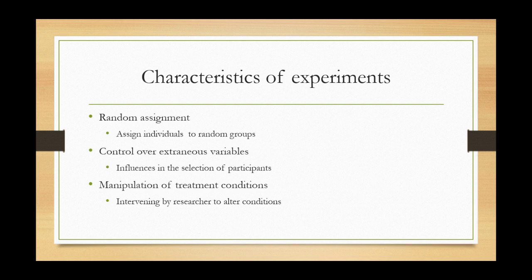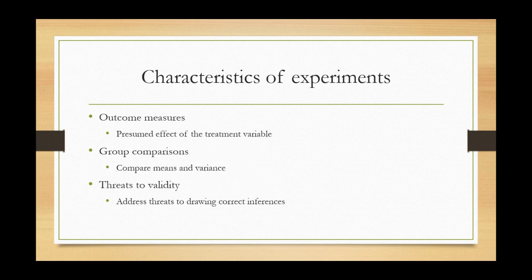In experiments, the outcome or the response or the criterion is the dependent variable, that is the presumed effect of the treatment variable. It is also the effect that is predicted in a hypothesis in a cause and effect equation. You have a cause and effect equation, then you put a cause, you alter conditions in the cause to see what the effects will be.